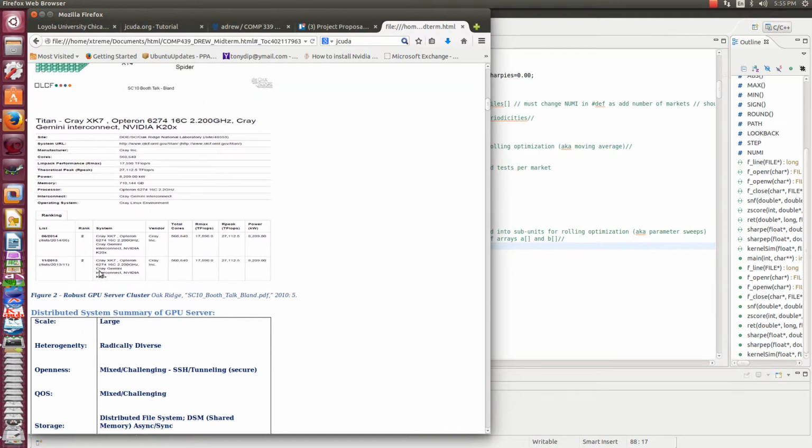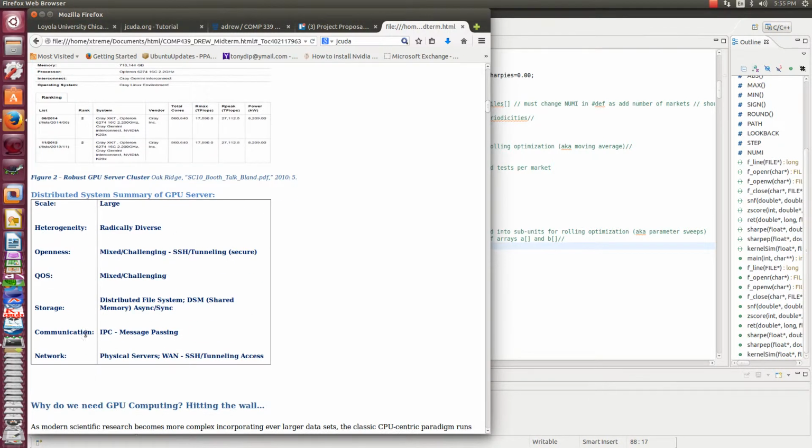So we can see the computing power here, teraflops and whatnot. Here's a quick, simple description of the typical GPU server. Large scale, radically diverse hardware. Openness, not so open. These things tend to be pretty secure, with SSH and tunneling.